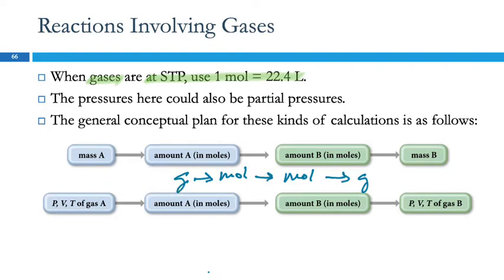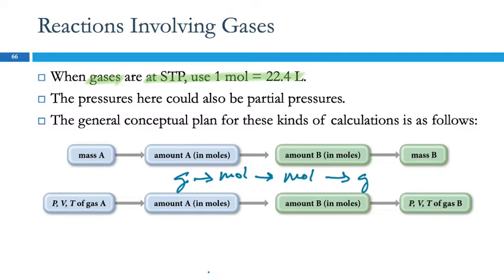So we start with this, and then if we've got a gas, we might have pressure, volume, and temperature of a gas instead of the grams at the beginning. Or we might have pressure, volume, and temperature of the gas at the end. We could have a gas at the end and a solution with a molarity at the beginning.